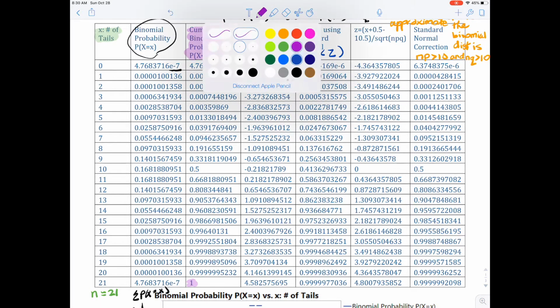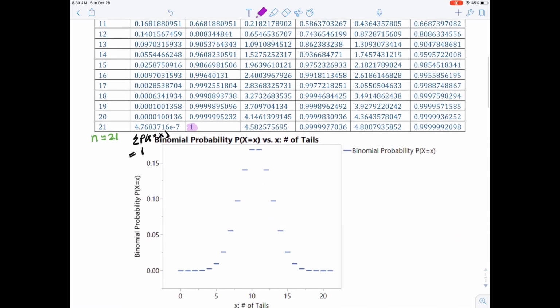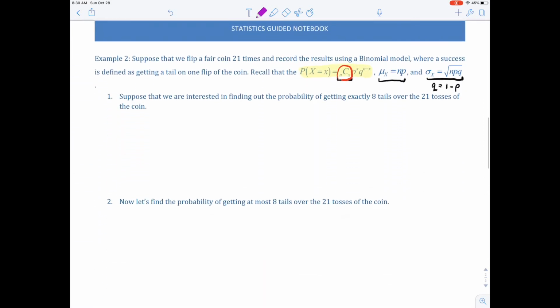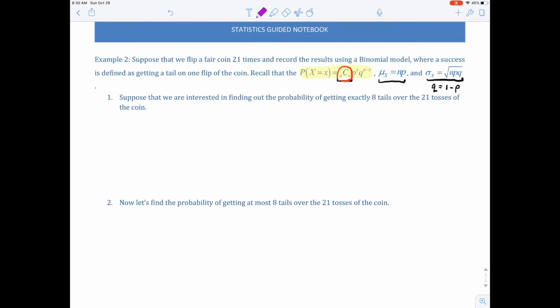The first problem we'll do is exact. Suppose we're interested in finding the probability of getting exactly 8 tails over these 21 tosses of the coin. This one is relatively straightforward. We want to find the probability that X is equal to 8. Out of the 21 tosses, what is the probability that we would get 8 tails?